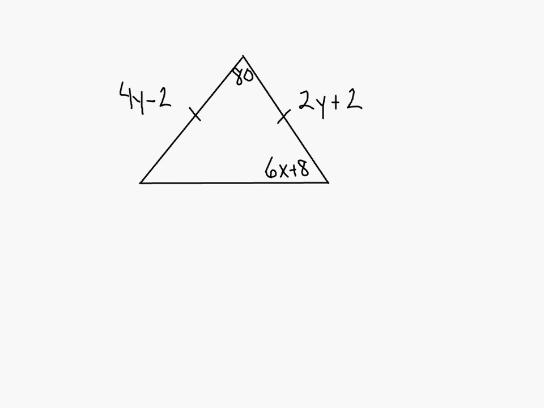Do you see these congruent sides? Angles opposite congruent sides are congruent. So what do those two angles have to add up to? 100, because you've already got 80 at the top. So 2 times an angle equals 100, and each angle has to equal 50.